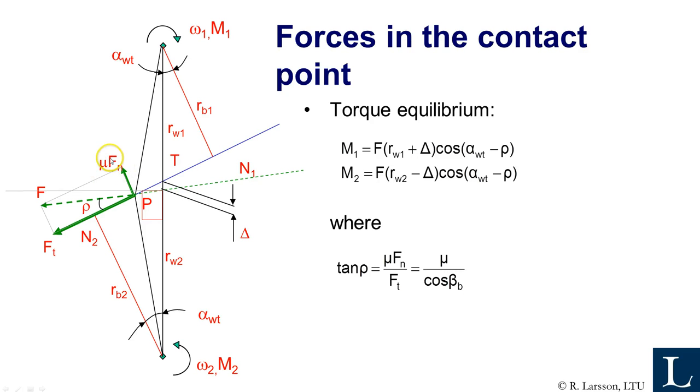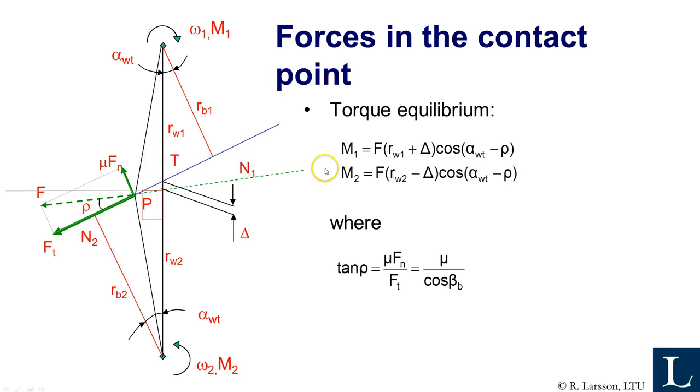It's a total force since the sliding takes place in the transversal plane, and all friction is in that direction. So the total force in the contact point is here then, and it has an angle to the normal force, which we call rho.